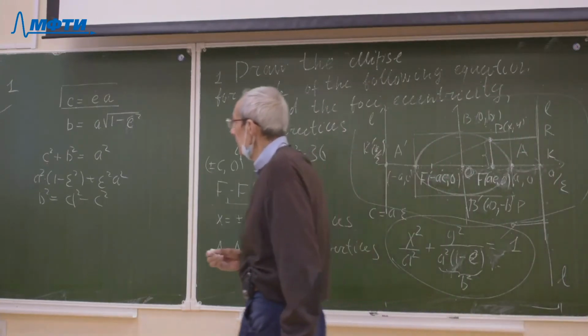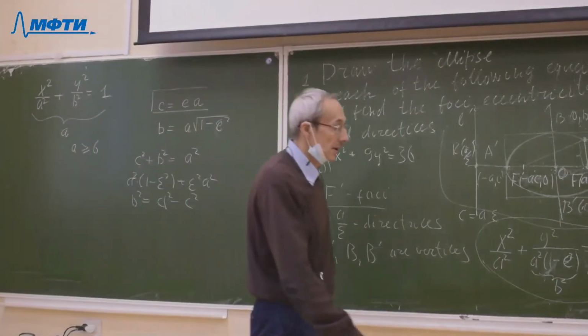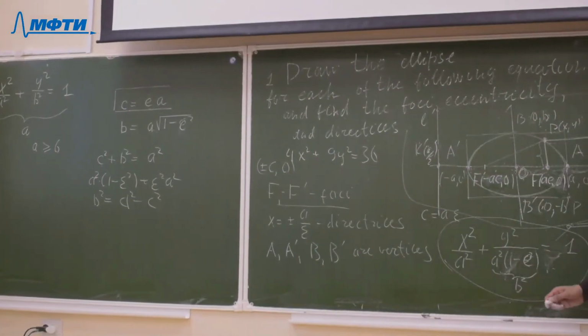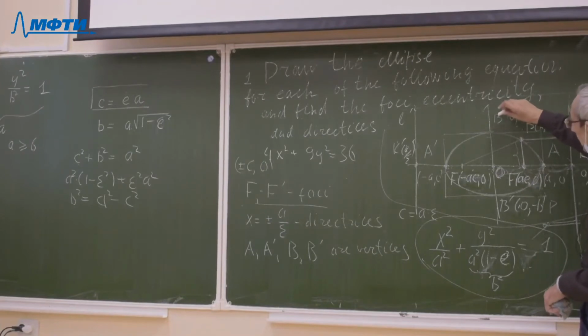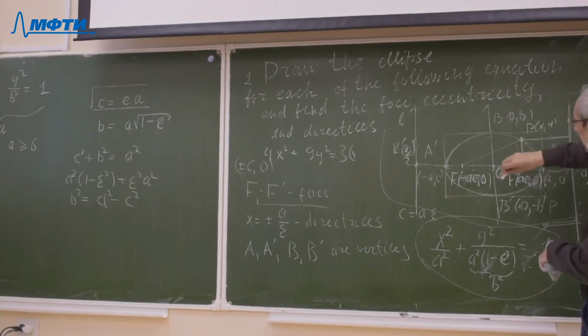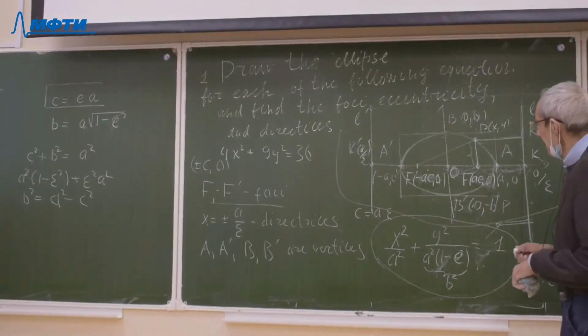We will suppose that A is greater than or equal to B, and the ellipse is a circle moved in the direction of the y-axis.